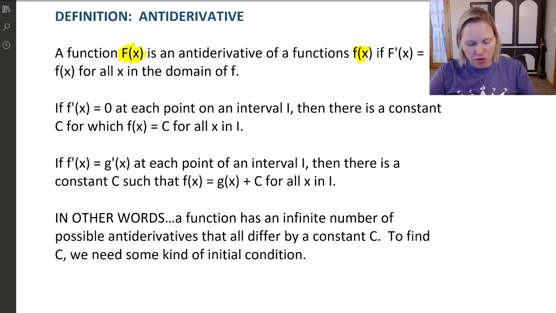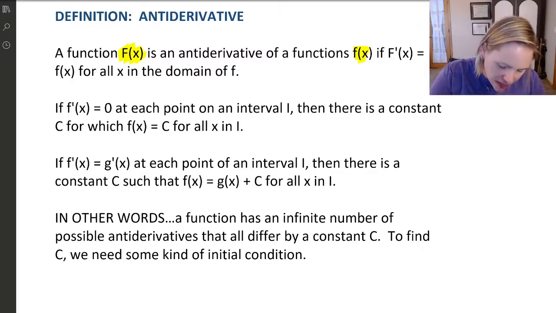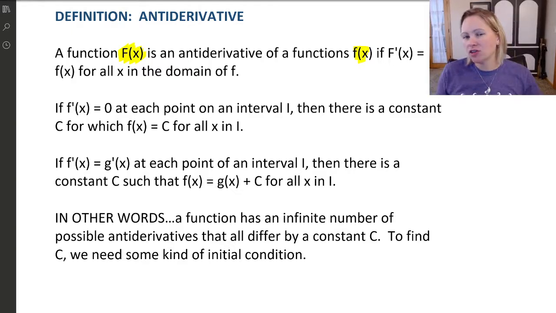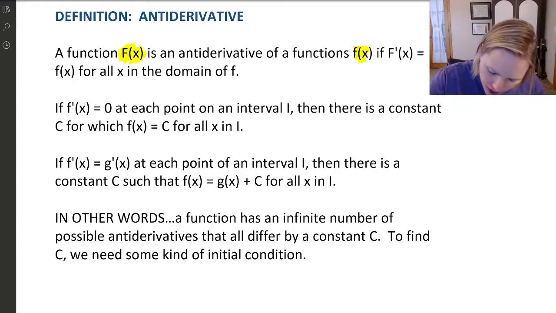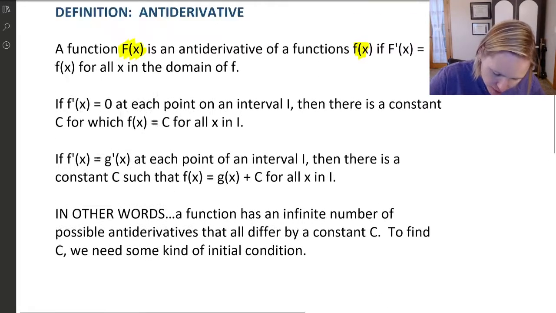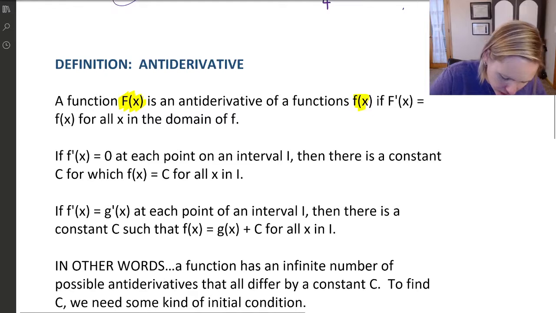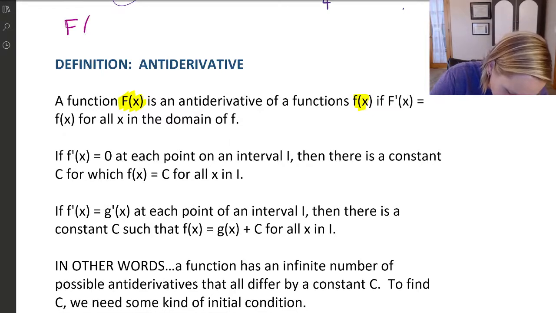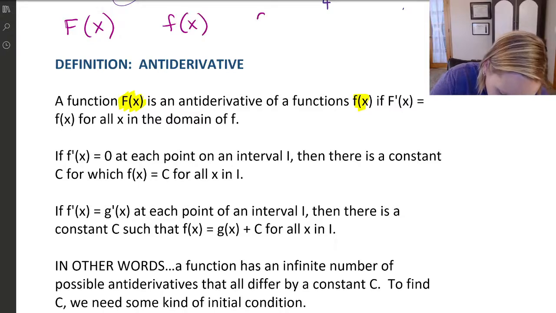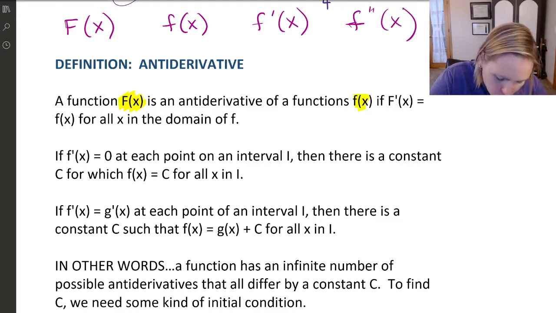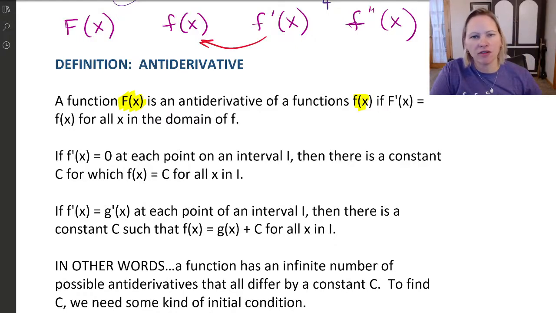So what you need to understand is that this phrase antiderivative, you don't have to be using a capital F. So like, for example, if I start with, we'll give ourselves just a little bit of space up here, if I have capital F and then f and then f prime and even a second derivative in there, what I want you to be comfortable with is understanding that f of x is an antiderivative of f prime.